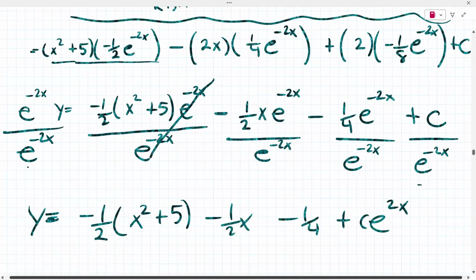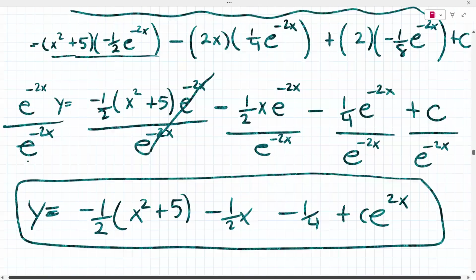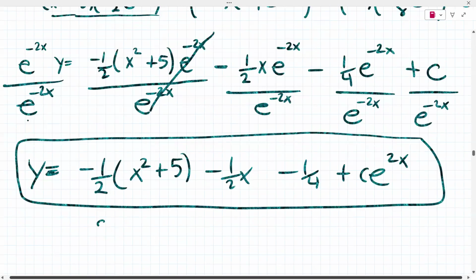And this is your general solution. Okay, so that's your final answer for example 3.